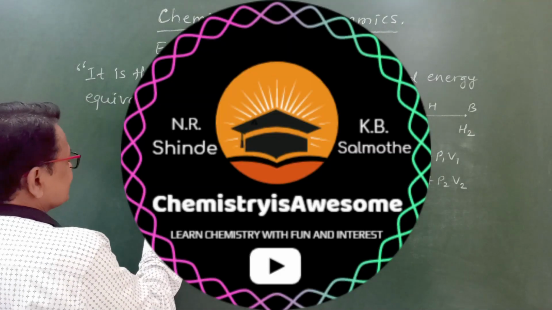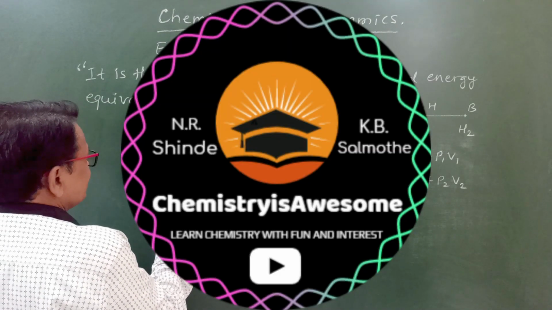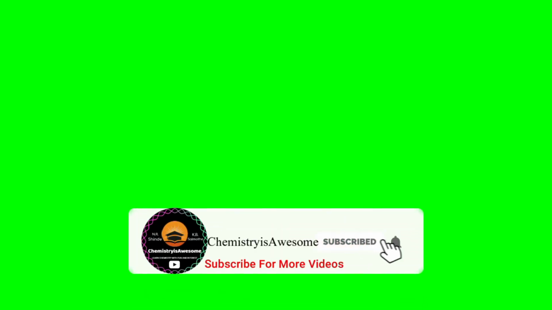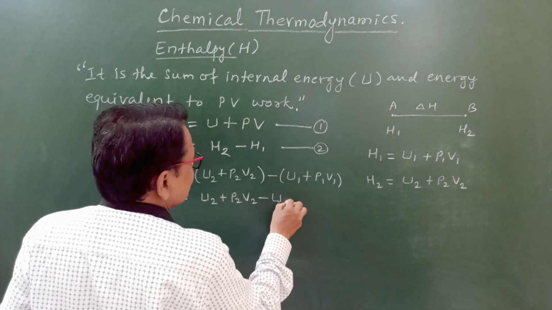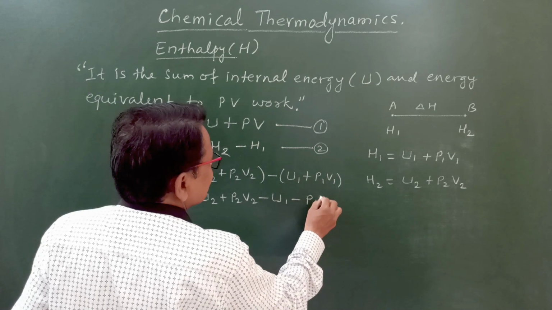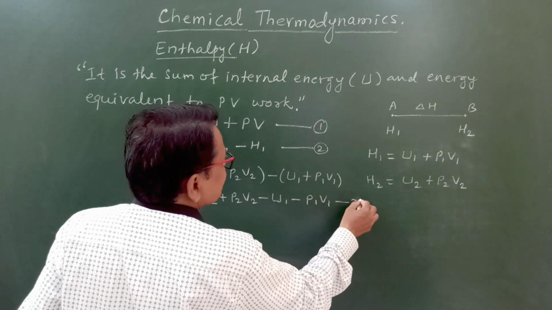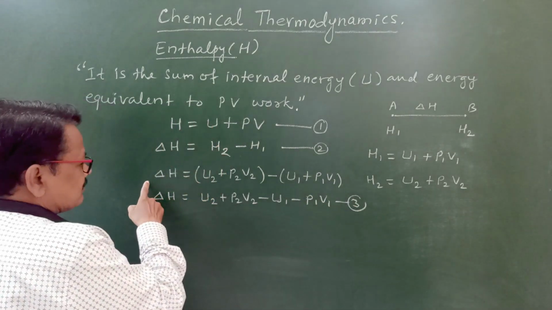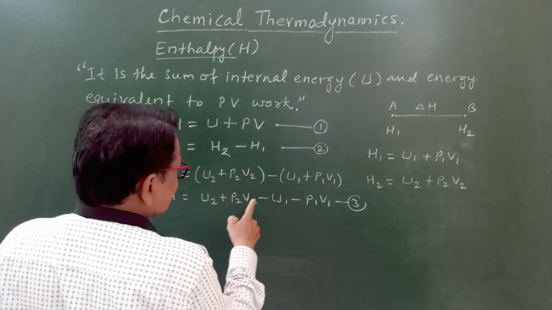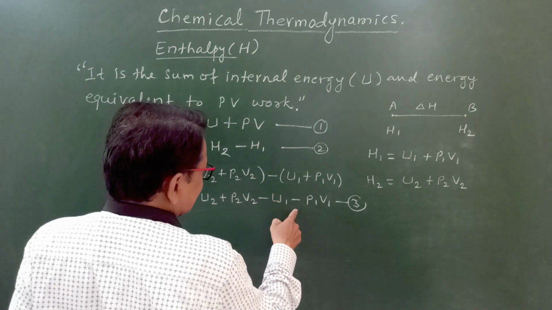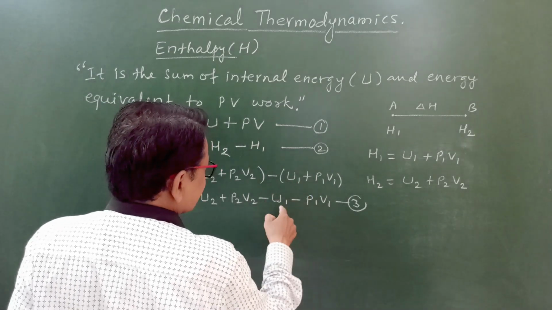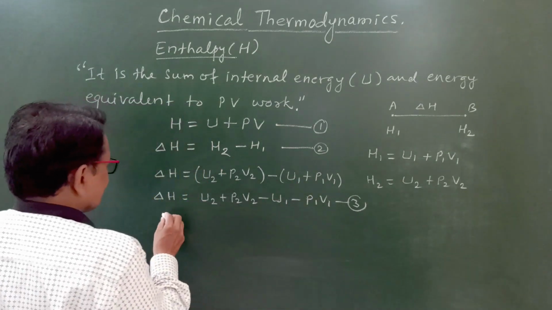Then the next equation: delta H is equal to, if you remove this bracket, U2 plus P2 V2 minus U1 minus P1 V1. Suppose this is equation 3. What I did here was only remove the bracket, so it is minus U1 and minus P1 V1.